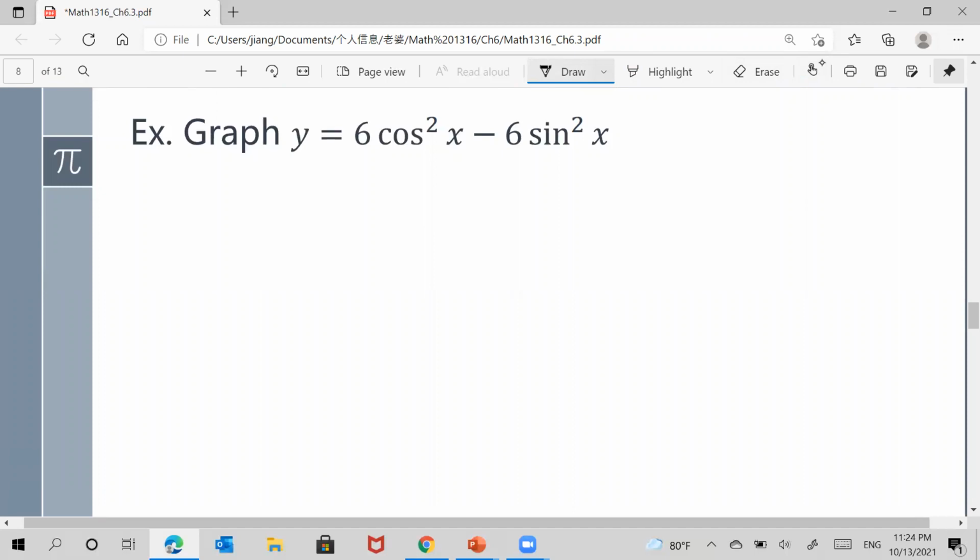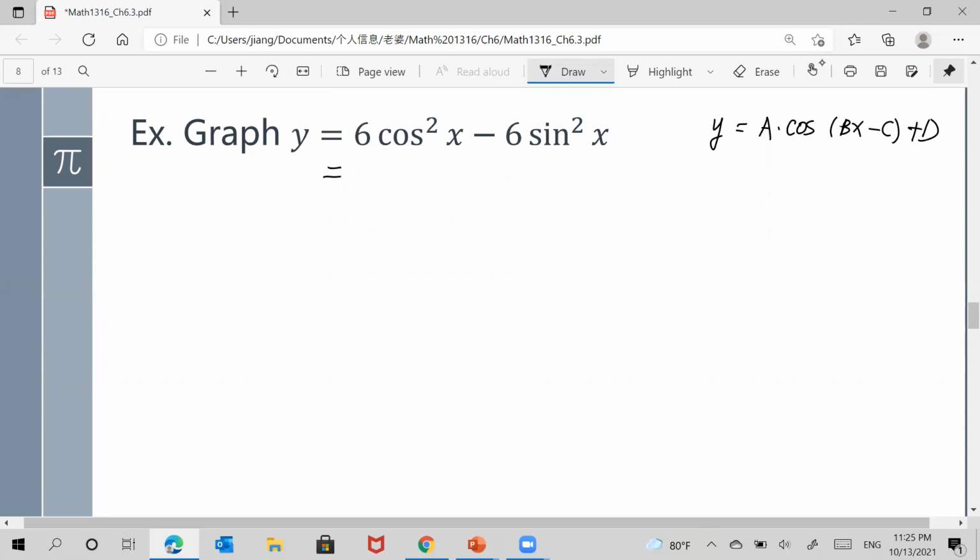So you see, we have learned that if we graph something, we need to have y equals a times sine or cosine. For example, if cosine, so we have bx minus c plus d. But we have two terms here. How to draw the graph of the function? We can combine them together to make one trig function.